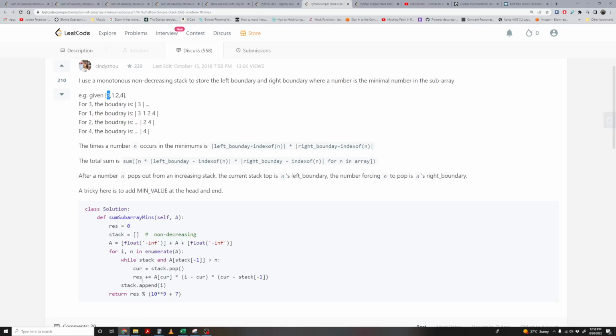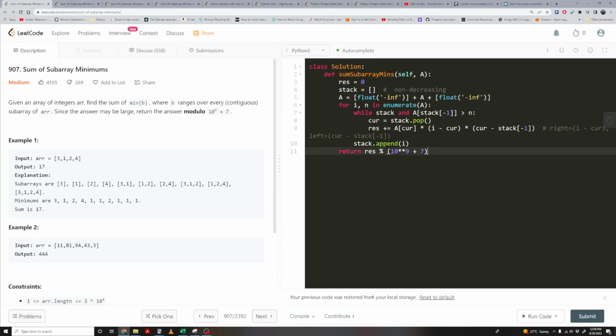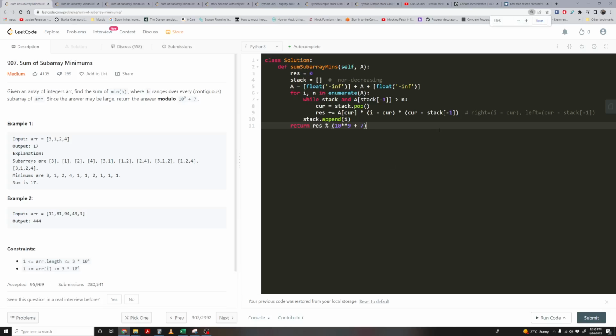So the current index minus the last item in the stack is the right distance, and the popped index minus the last item in the stack is the left distance, times the value itself. This is the left hand side, this is the right hand side, and we add them up.